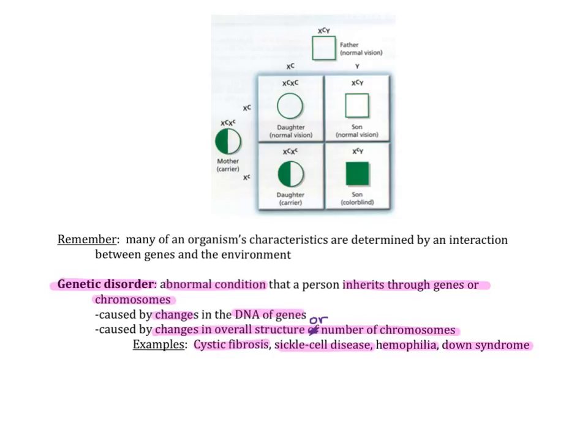It can be caused by changes in the DNA of genes, or it can be caused by changes in the overall structure or number of chromosomes. Some examples of genetic disorders include cystic fibrosis, sickle cell disease or sickle cell anemia, hemophilia, and Down syndrome, which we will discuss in class in more detail.